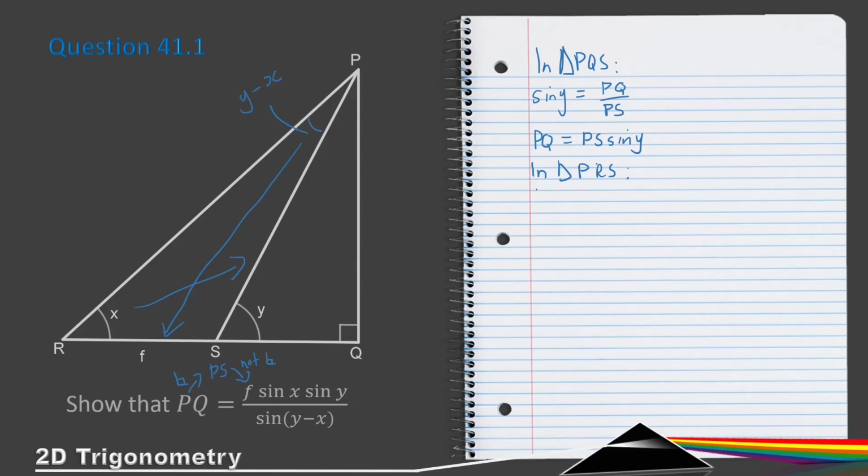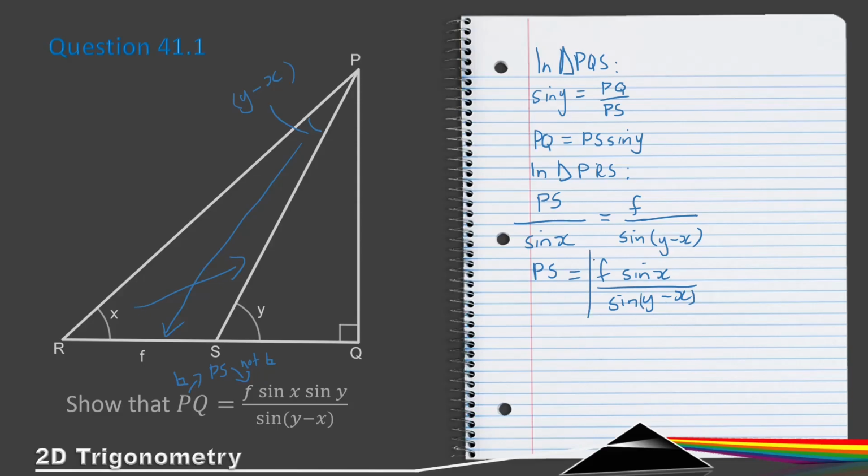Okay. Now we can apply the sine rule. I want PS in terms of f, so I'm going to start with PS. So it's going to be PS over the sine of x is equal to f over the sine of y minus x. Alright, now we want PS in terms of f. Solve for PS. So PS is equal to f sine of x over sine of y minus x.